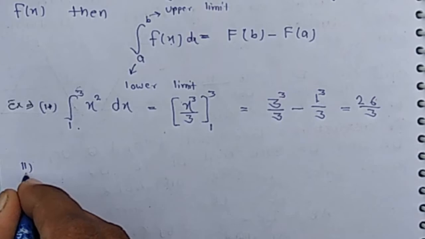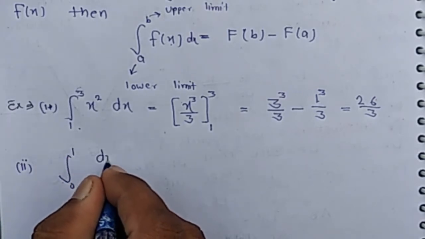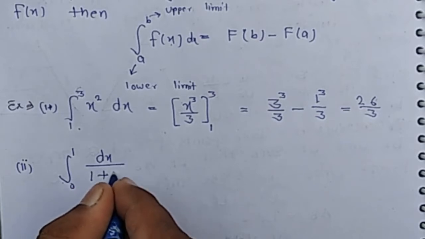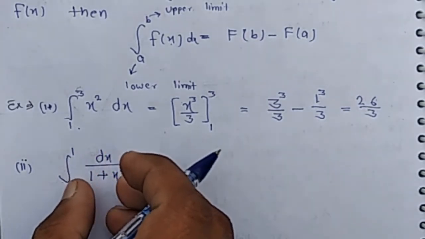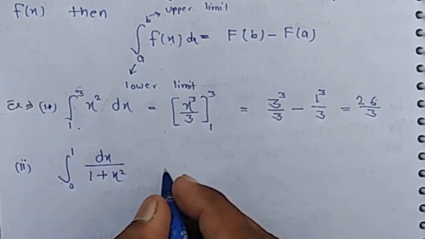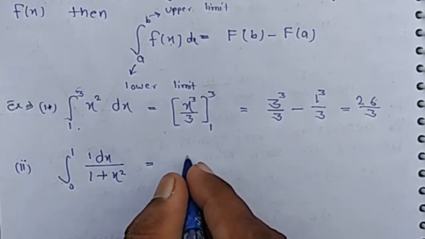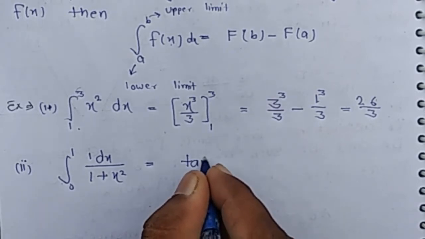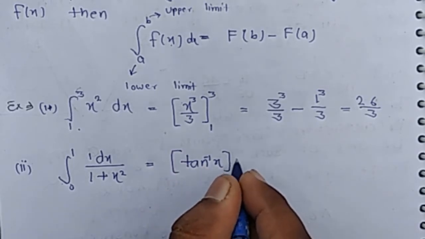Suppose we have to find the integration of 0 to 1 dx upon 1 plus x square. Then firstly we integrate this term, 1 upon 1 plus x square, with respect to x. Integration of 1 upon 1 plus x square is tan inverse x, with limit 0 to 1.